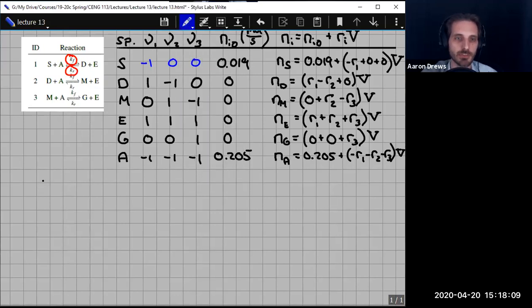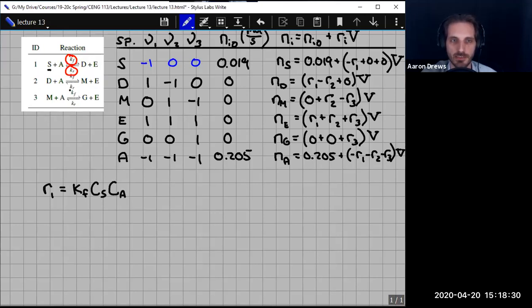If they're elementary and we focus on the first reaction, R1, remember it's going to be a forwards rate constant times the product of the concentrations of the reactants raised to their stoichiometric coefficients, which is a bit of a mouthful, but it's pretty easy to write for this one. It's C sub S times C sub A, right?